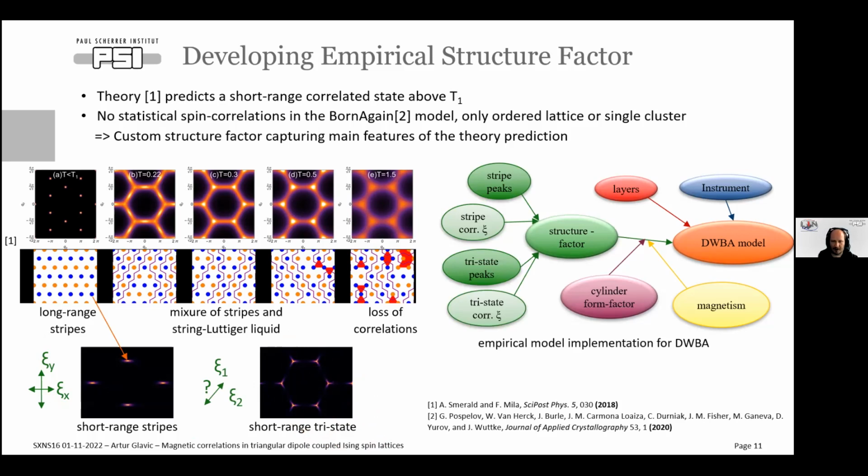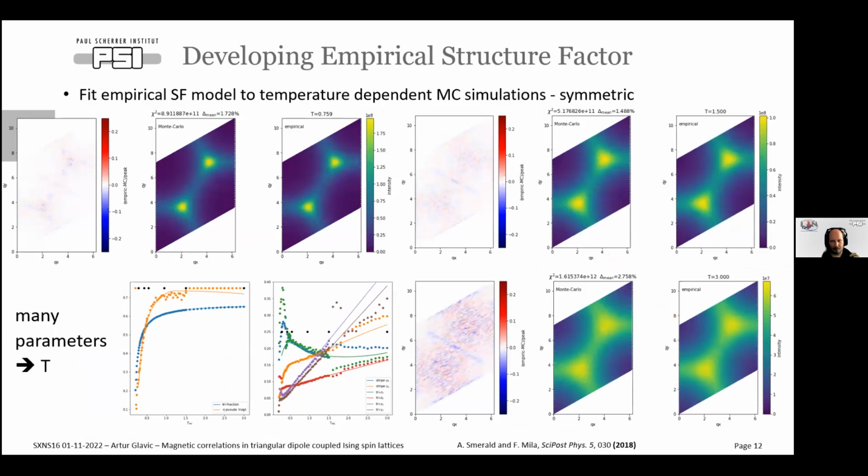Then we wanted to reduce the number of parameters, as we have all those chi parameters here. So we fitted those to Monte Carlo simulations of the different temperatures. And this is how this looks for the symmetric lattice. First we fit every single temperature that was modeled in Monte Carlo individually.